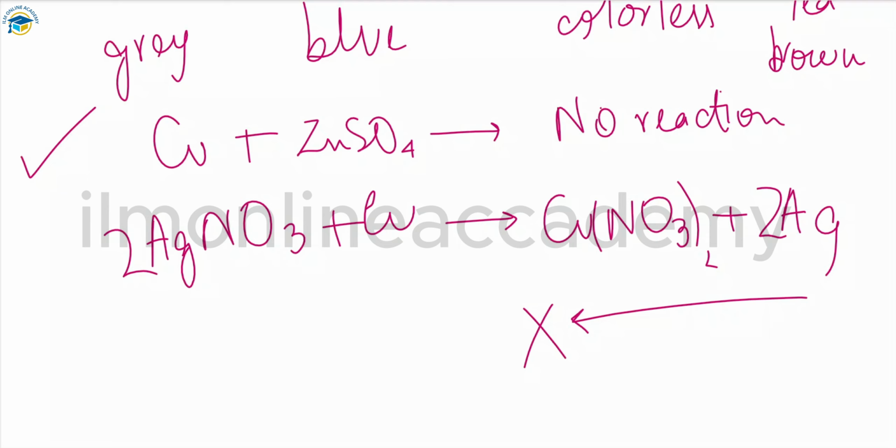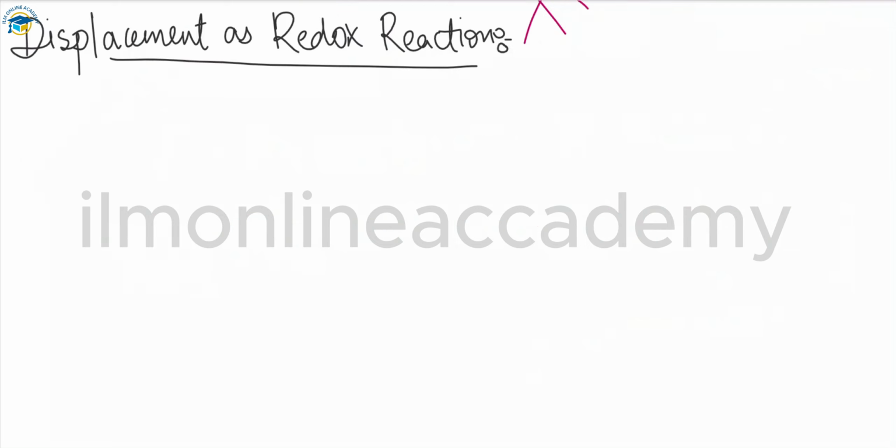So we have these displacement reactions, and next we'll talk about displacement as a redox reaction. We have read about the redox reaction in chapter number 10. You can check the details about redox reactions in the chapter 10 video.